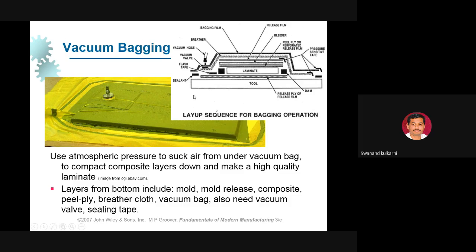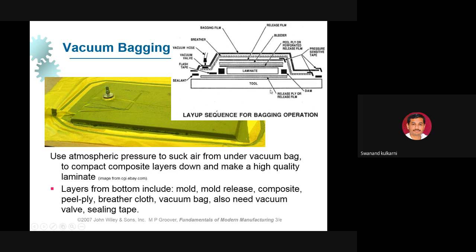As far as the layup sequence for bagging operation is concerned, you can see here at the bottom one tool is present, then laminate is present, over which sealant flash tapes are present, vacuum valve is present here, vacuum hose is present here, breathers are present here, bagging films are present, then bleeders are present, peel ply or perforated releasing film is present, then pressure sensitive tape is present here.